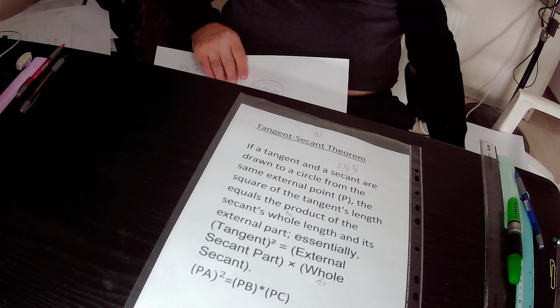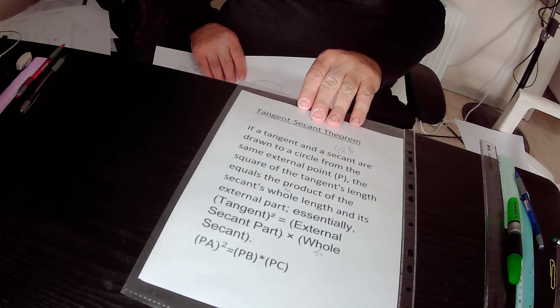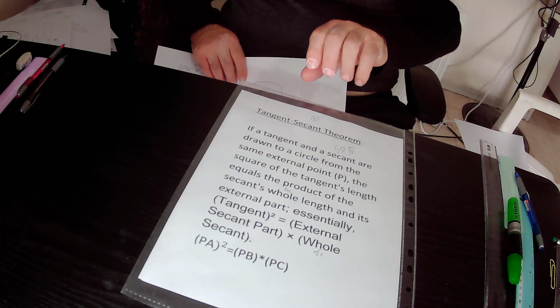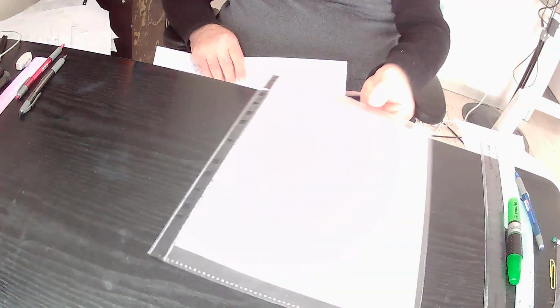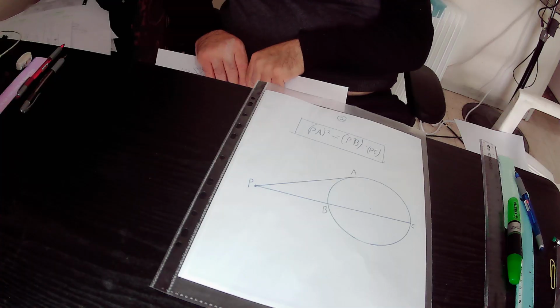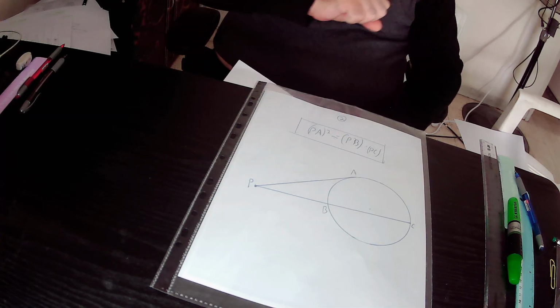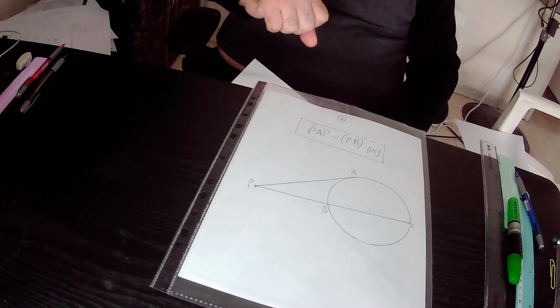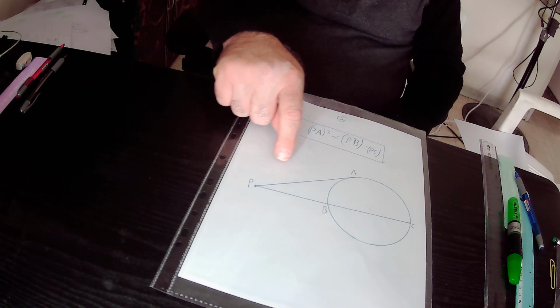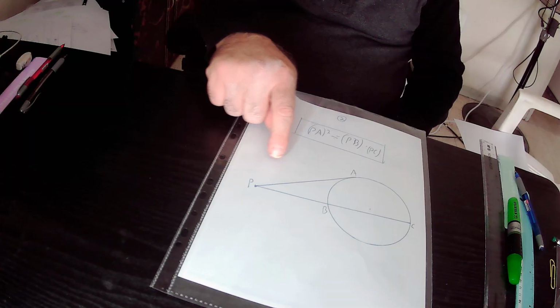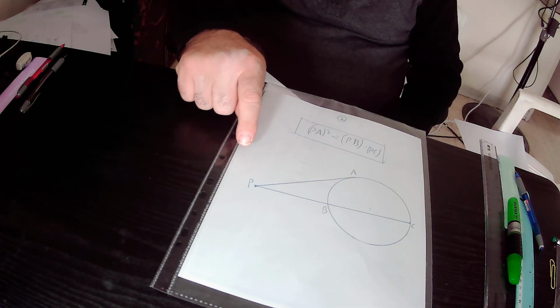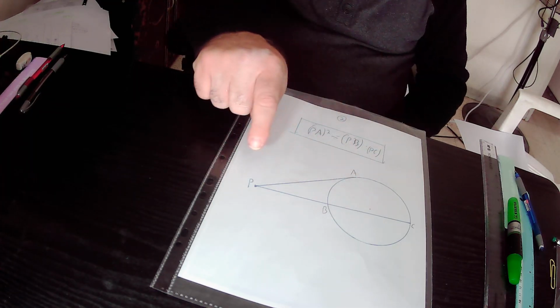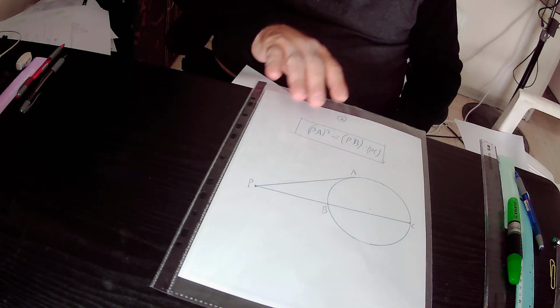Essentially, tangent squared equals the external secant part times the whole part, or PA squared equals PB times PC.